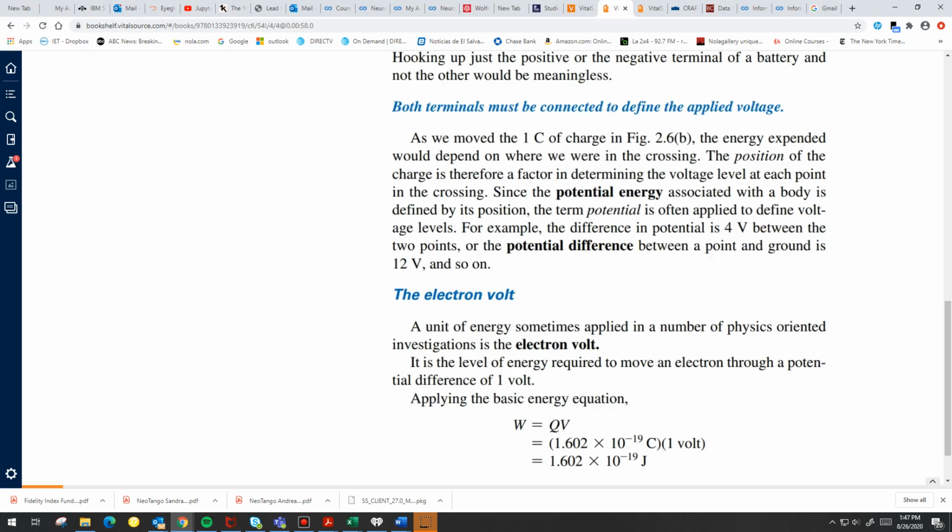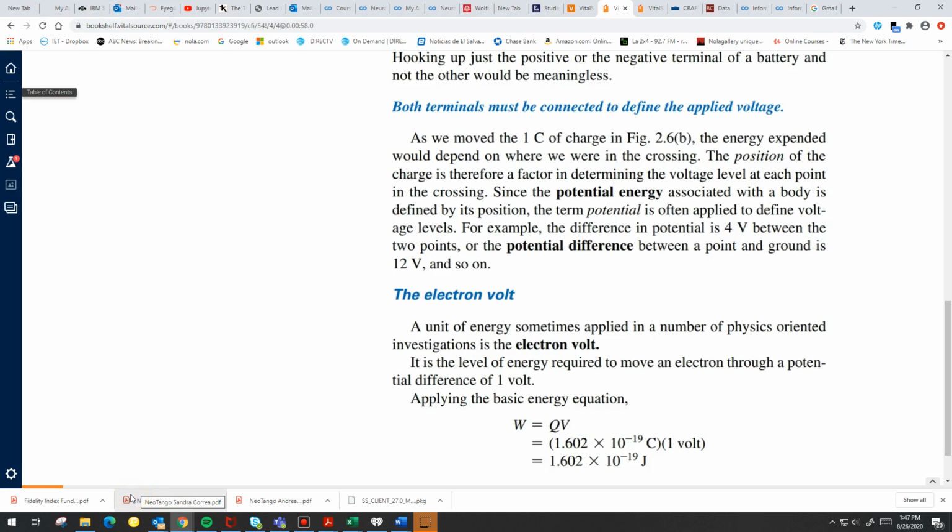It's the same thing with voltage or potential difference, okay? We'll see this a little more later when we get into Ohm's law and some of the other topics related to current and voltage. But just remember that we can also start looking at voltage as being a potential difference.